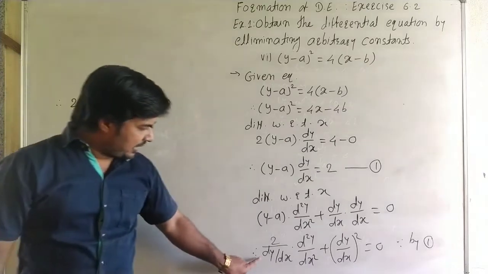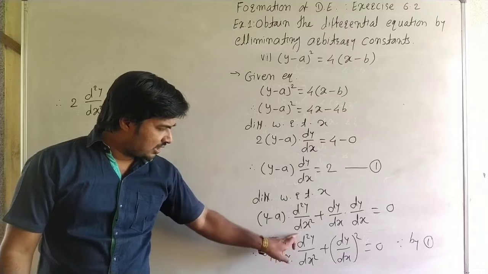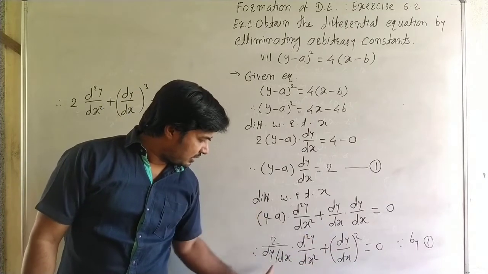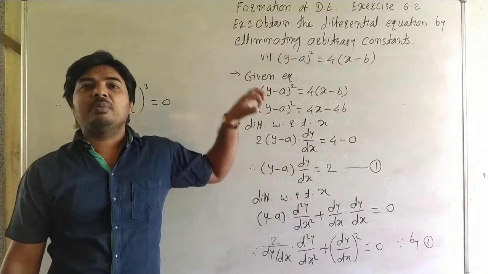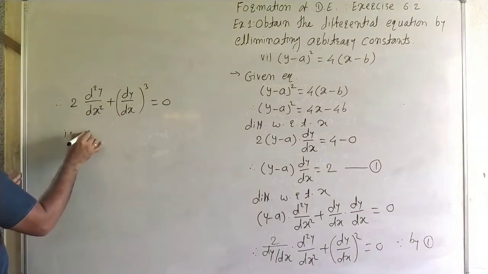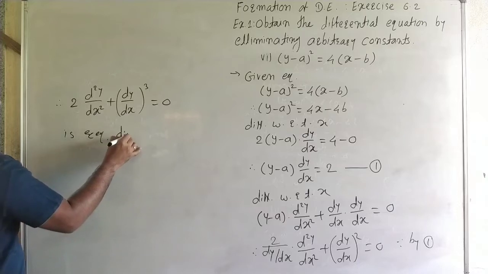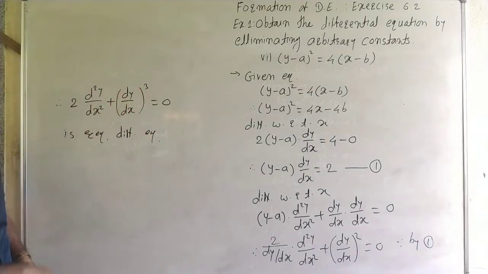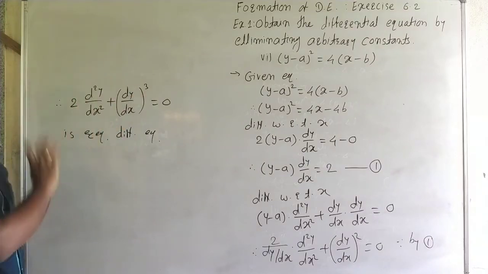When we multiply by dy by dx, the dy by dx gets cancelled in the first term, only 2 d2y by dx2 remains, and in the second term we multiply dy by dx to get (dy by dx) cube. It is our required differential equation: 2 d2y by dx2 plus (dy by dx) cube equal to 0.